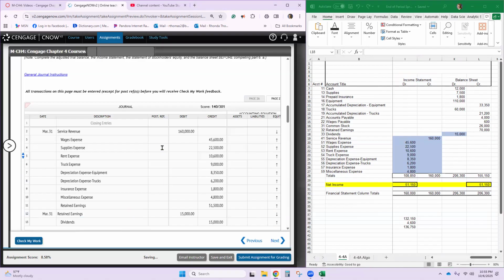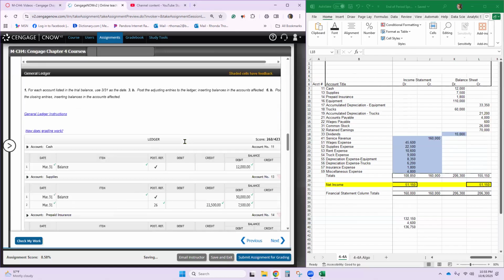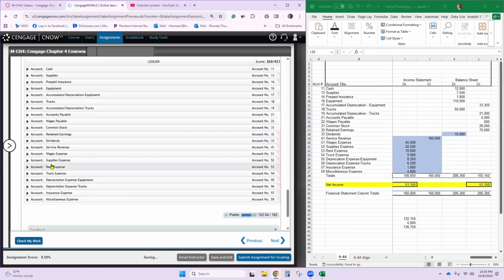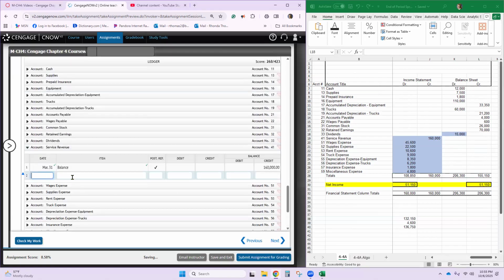All right, now let's go down to service revenue and put a debit of $160,000 in the ledger. I would close it all, so you don't put something somewhere you didn't want to. Let's put March 31st. Let's put closing.